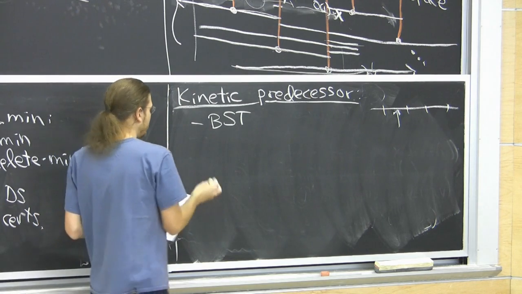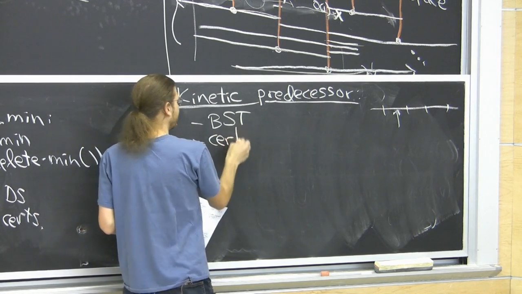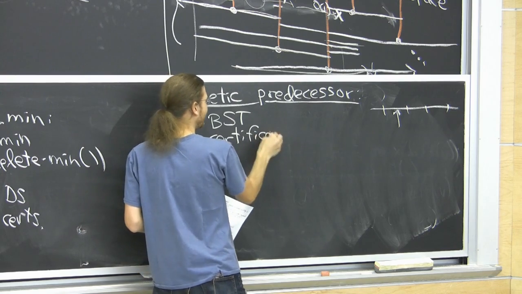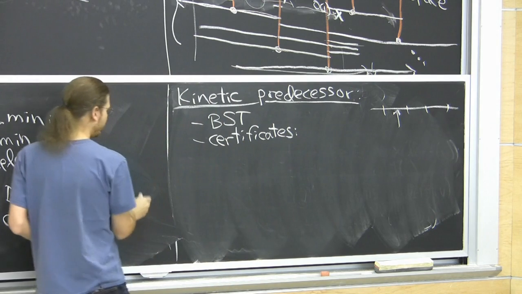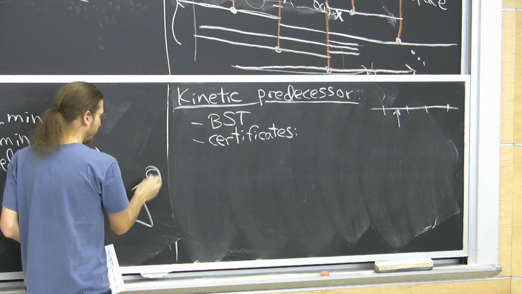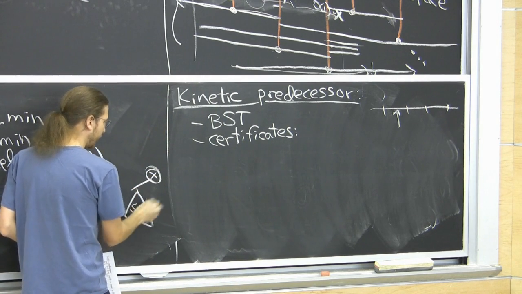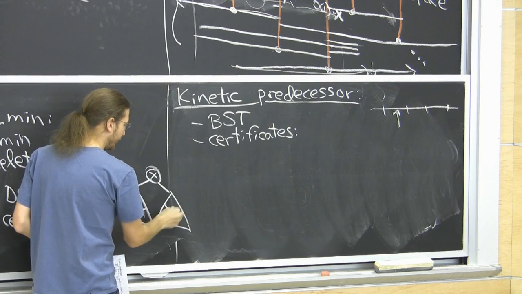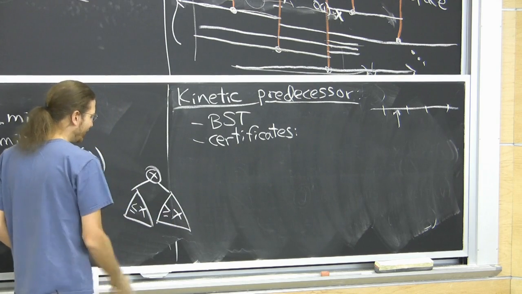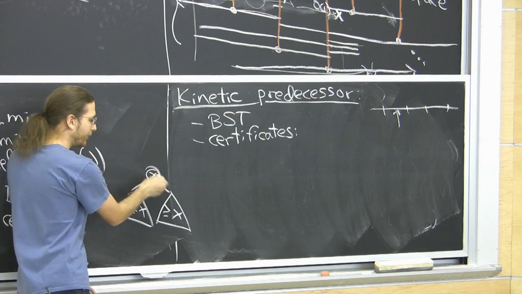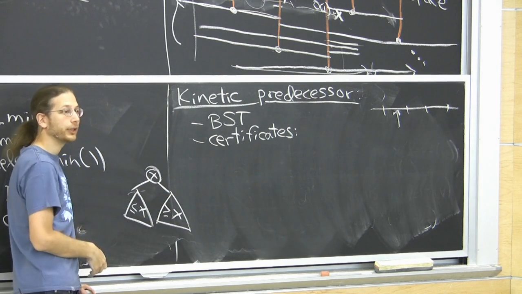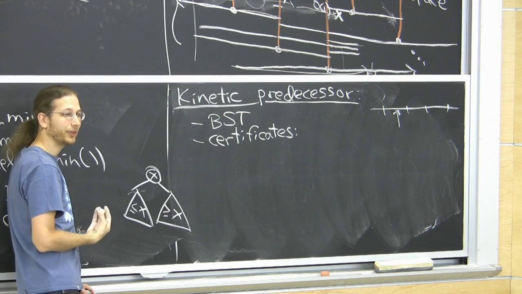So what do we need for certificates? I was going to use this as an example, but it's a little tricky to think about what the certificates are. Because the binary search tree property is: left subtree keys are less than or equal to x, right subtree keys are greater than or equal to x. That's a lot of certificates. If I want to compare x to every single guy in the left subtree and every single guy in the right subtree, that would be a quadratic number of certificates in general.